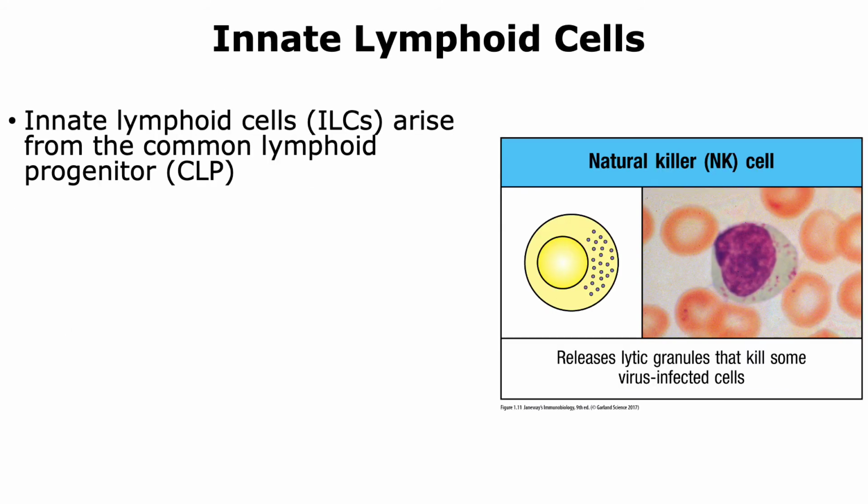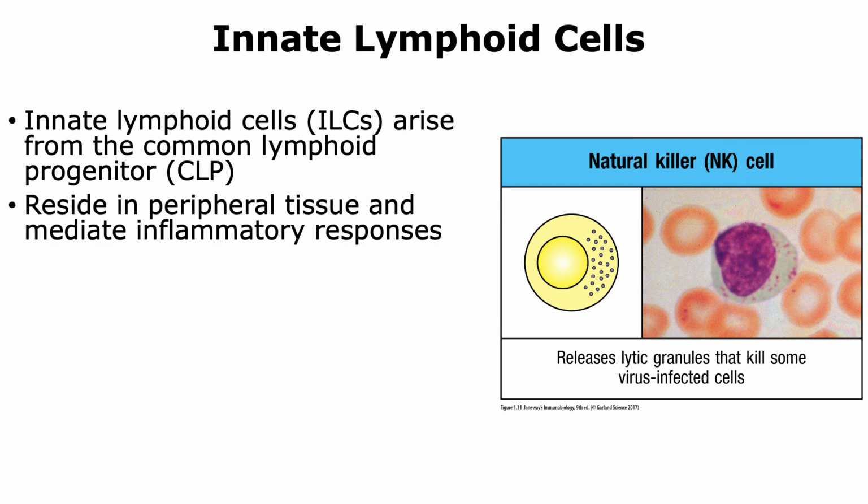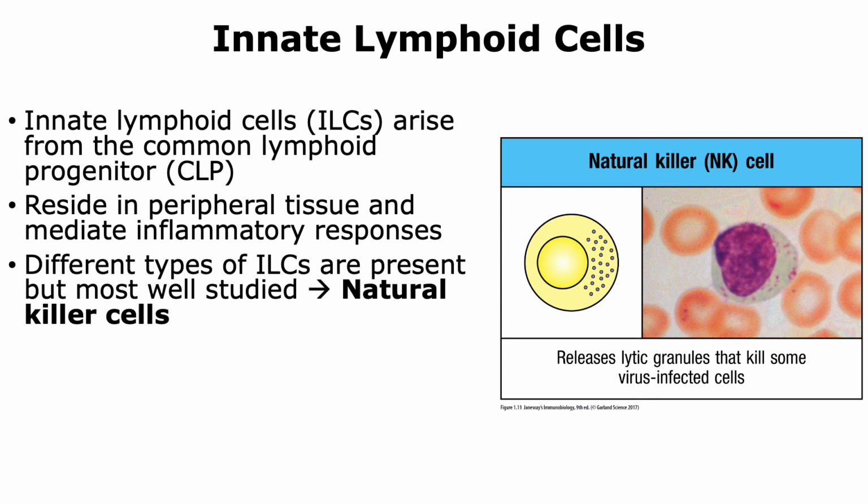Now, unlike all the other cells that we saw before, innate lymphoid cells arise from the common lymphoid progenitor. They reside in peripheral tissues and are able to mediate inflammatory responses by producing molecules in response to pathogens. There are different types of innate lymphoid cells, but the group that is most well studied are the natural killer cells.